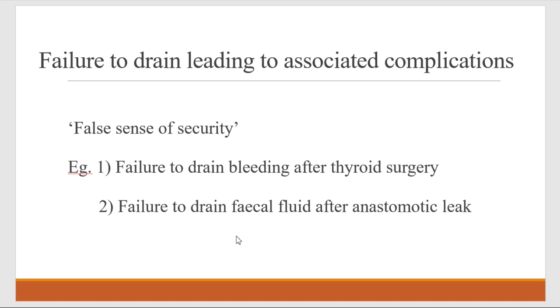So again, associated complications, septicemia, all the septic shock features may appear in these patients, and the prognosis may be somewhat bad. So always take care of this. If a drain is not draining, just remove it.